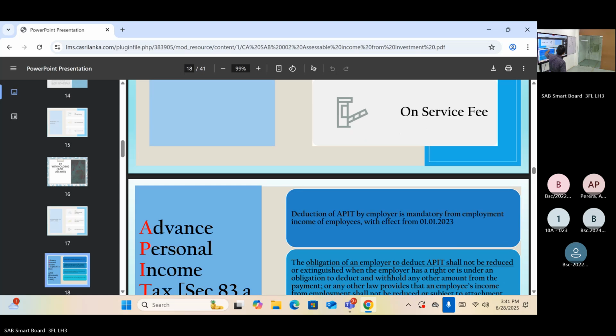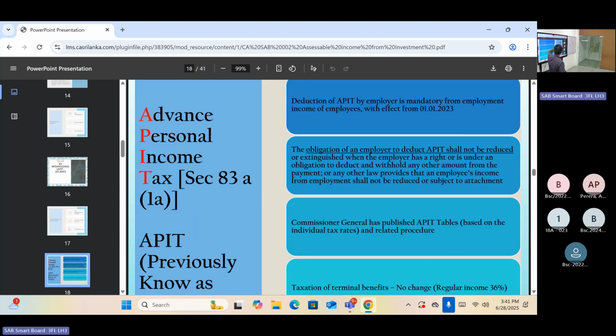Right? So advanced personal income tax, I believe you have discussed in the previous part of this course, but again I am recapping the same thing. Deduction of advance payment by the employer is mandatory from employment income of employees, effective from 1st January 2023.